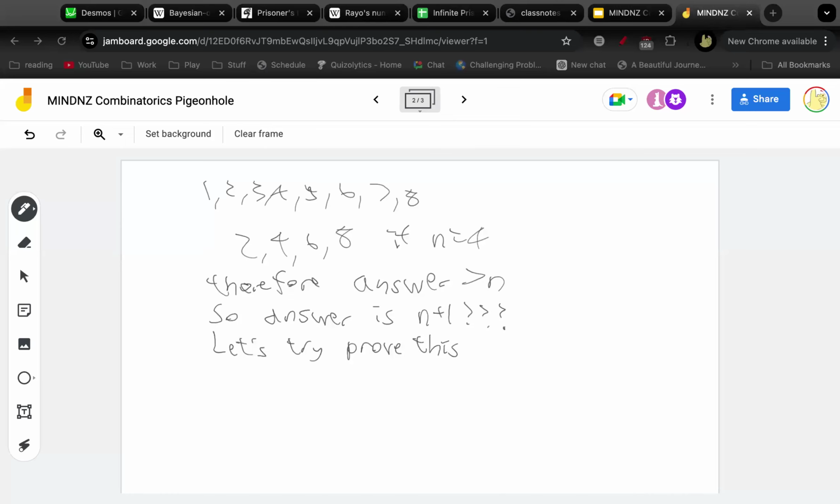Okay. So, what do you think our pigeons are here? I think the obvious answer here is just correct. What are the items that we're placing into boxes? What you're thinking is probably correct, so just say it.